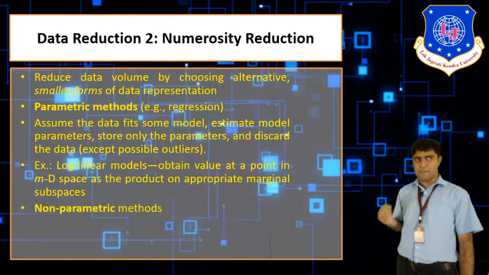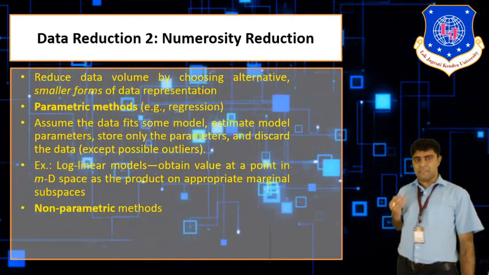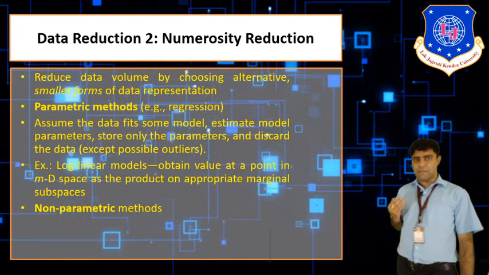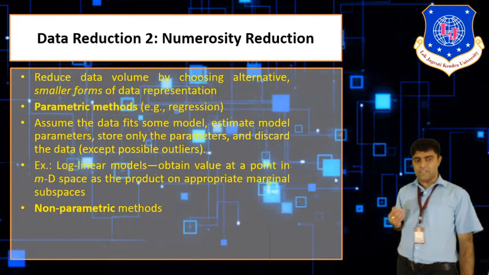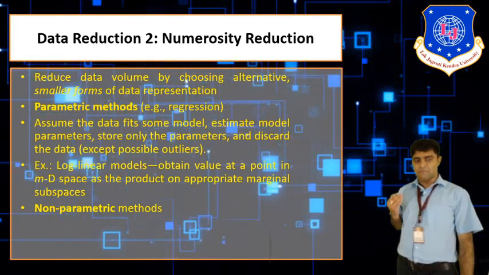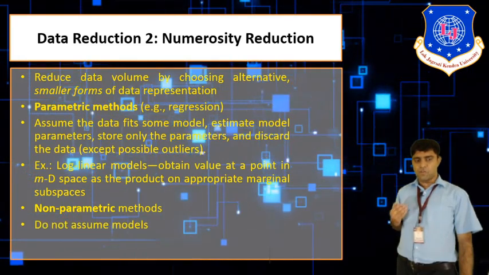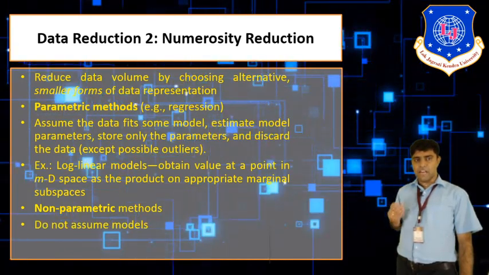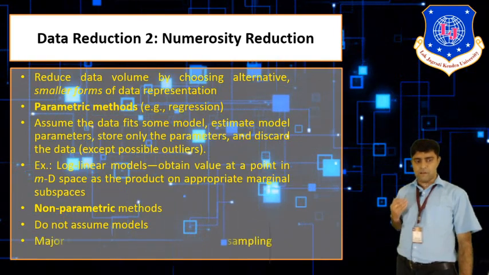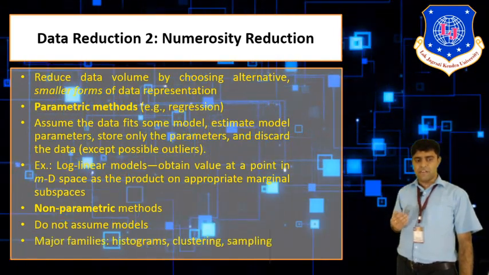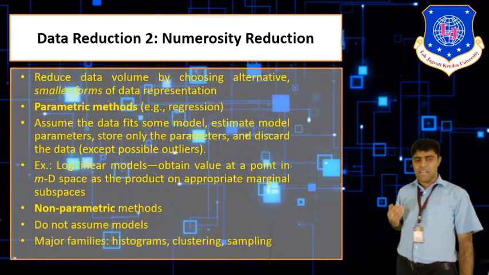Next is the non-parametric method. Non-parametric methods are methods where parameters are not used or considered. They do not assume a model; here the assumption of a model is not required. Major families are histograms, clustering and sampling.